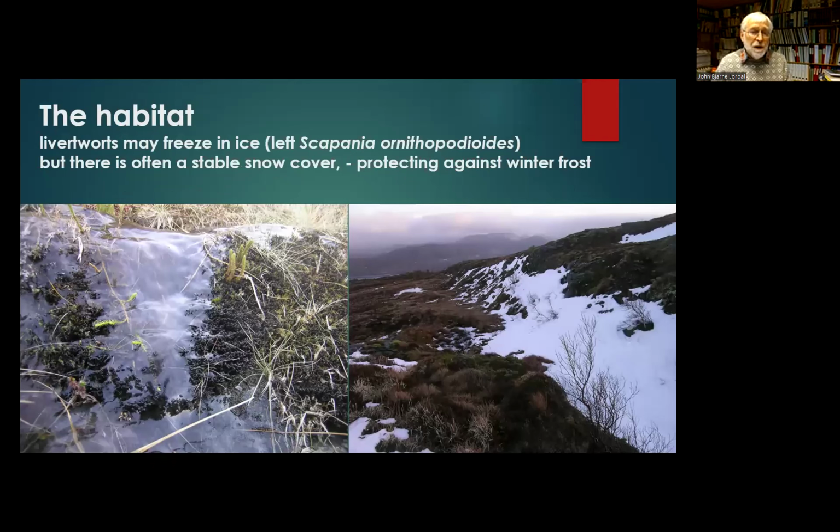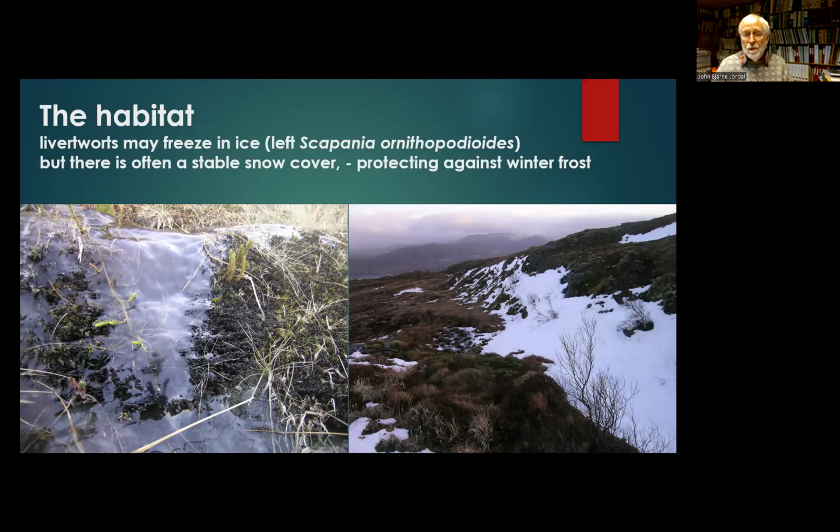In the winter, there is normally snow cover. The left photo shows Scapania ornithopodoides frozen in ice. We don't know if this does damage to the species or not. But the photo to the right shows a typical situation in the winter in these north-faced slopes.